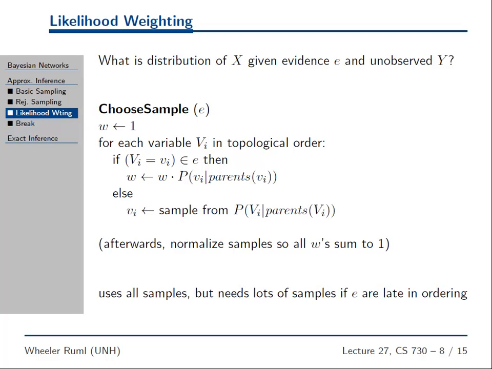We just set V_i to v_i because that's what the evidence said to do. What's the probability that, given whatever values I already have for the parents of V_i, V_i would come out that way? This should probably be a capital V_i in the parents because we're talking about the variable there, and that's the value that we're using. What's the probability of that value given the values we have for the parents?